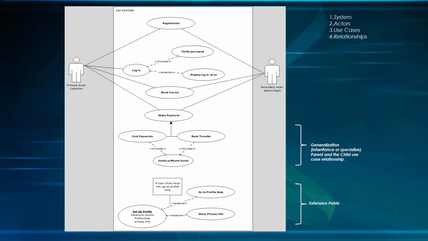Because there's no point dragging an arrow to each, except if you want to do that, it's also okay. But you want to make your work as clean as possible. So you can see we have include here, we have include here. Both are verification of funds, which is tied here.